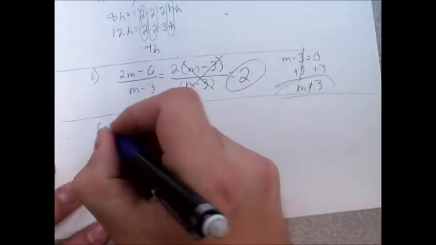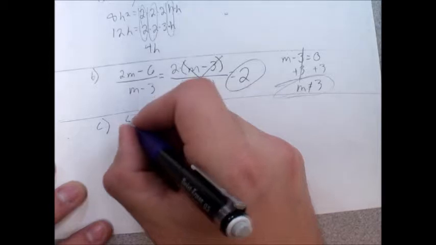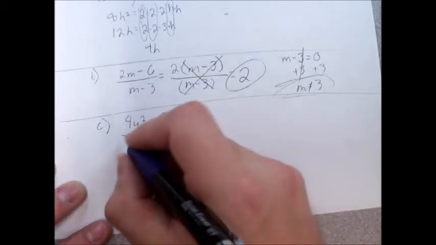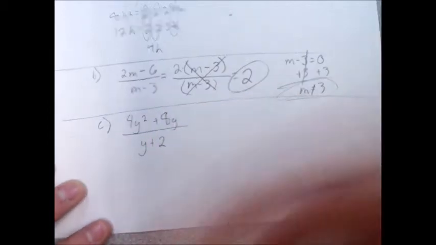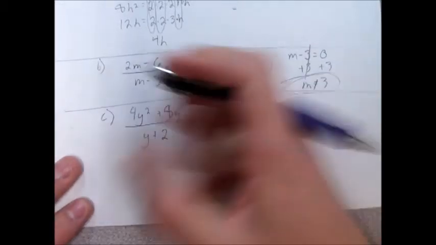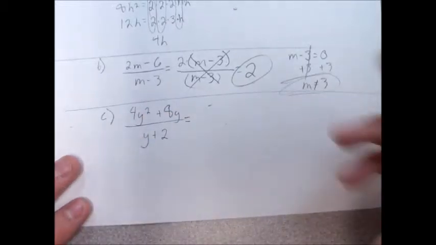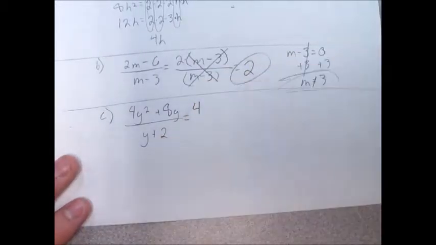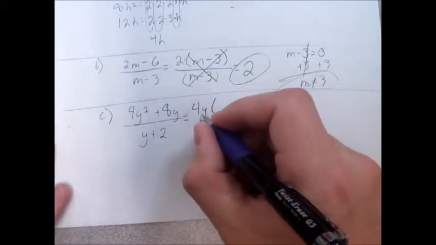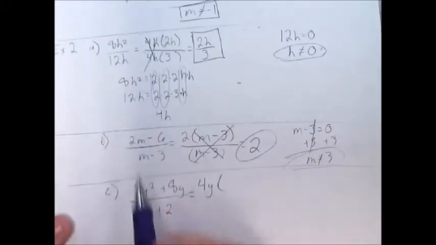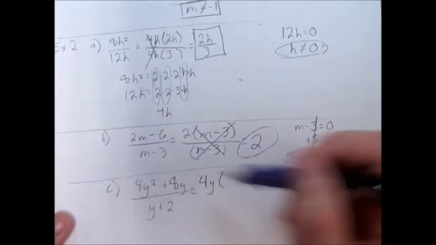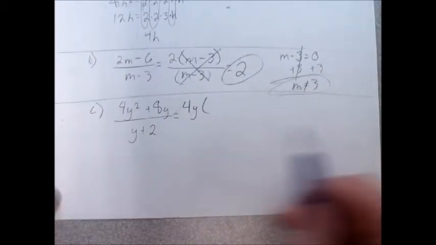Part C. This one will get a little more complicated because we have to deal with the variables. 4y squared plus 8y over y plus 2. Again, Saxon's pretty nice. So it's going to cancel something big out. What can I factor out of the top? A 4. Can I factor out any variables? Can factor out 1y, right? So that's my greatest common factor that I can pull out of that. I can do this long process of writing it all out, circling the ones I have in common, and then doing it, or I can just realize when I look at it. It's up to you.